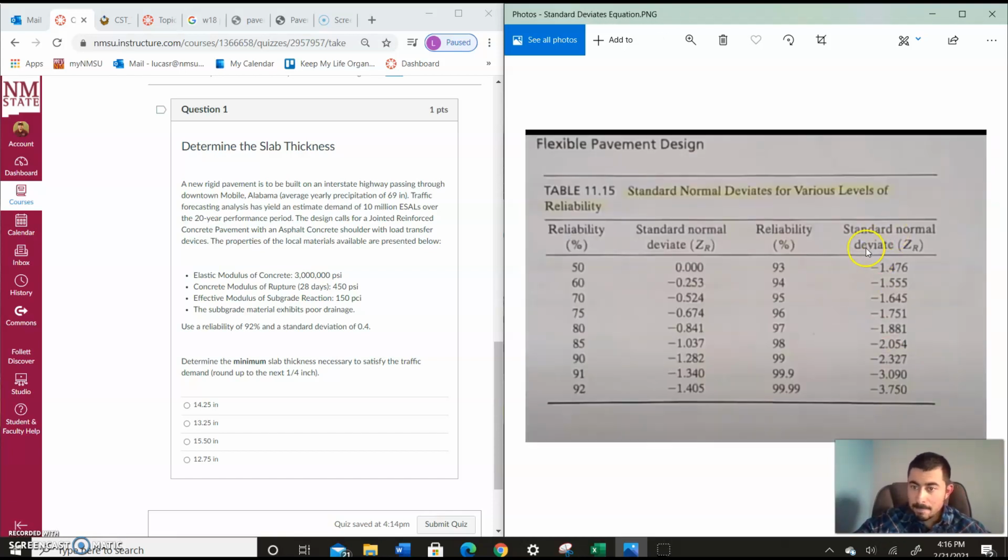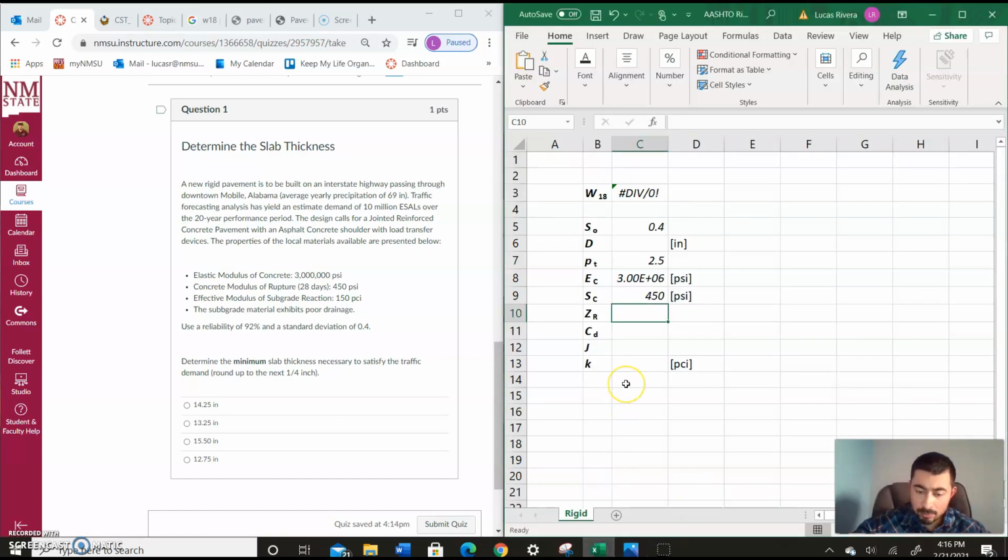Normal deviate for 92% reliable. Reliability of 92%. Negative 1.405.